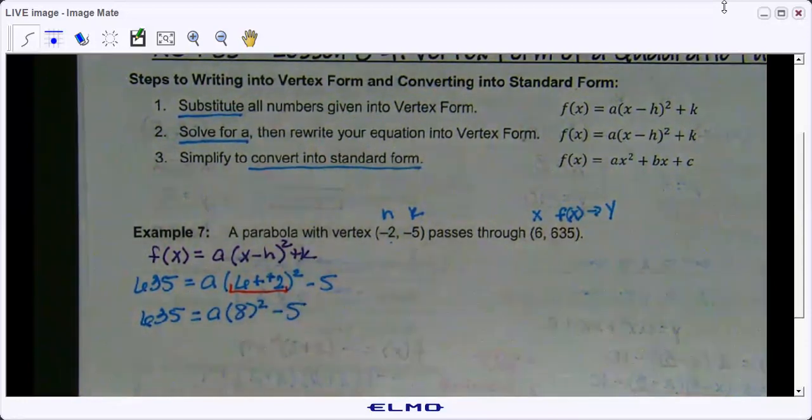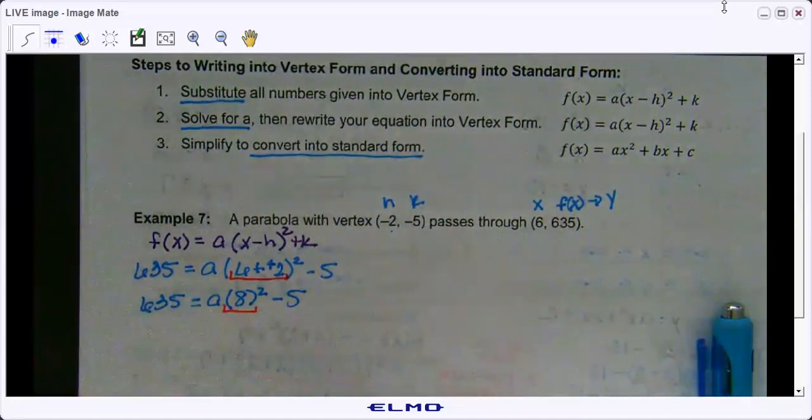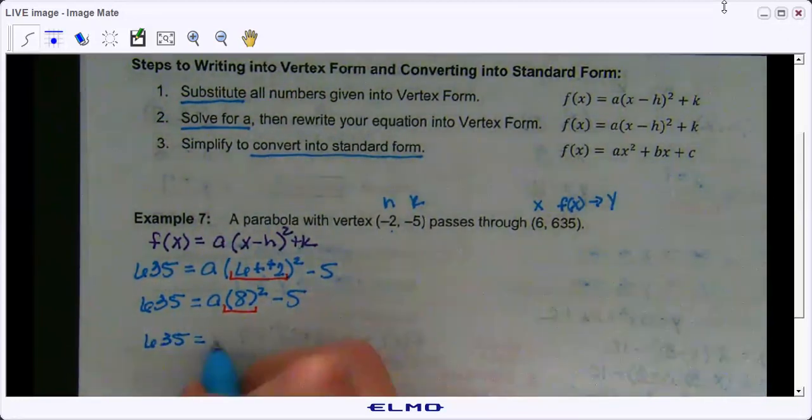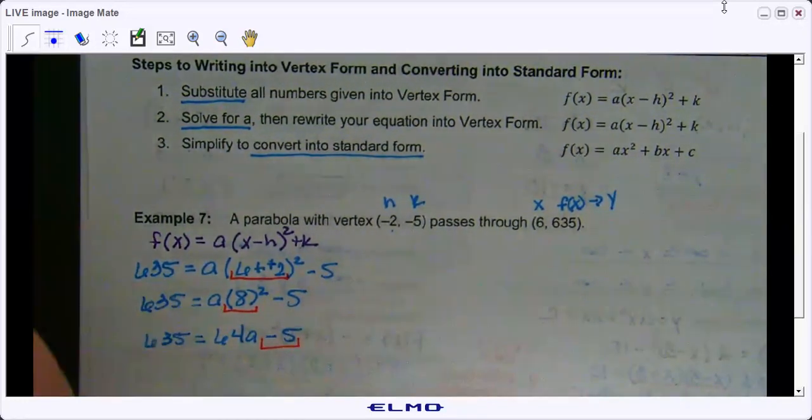If you wanted to skip that, you could. Now we have to square 8. So we get 635 equals a times 64, but I'm going to write 64a. Now we have to add 5 to both sides.